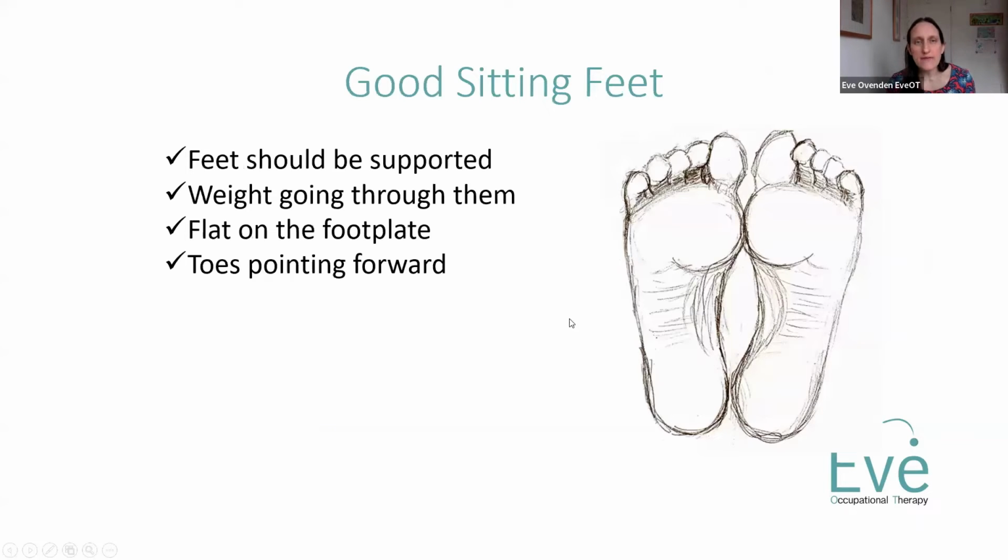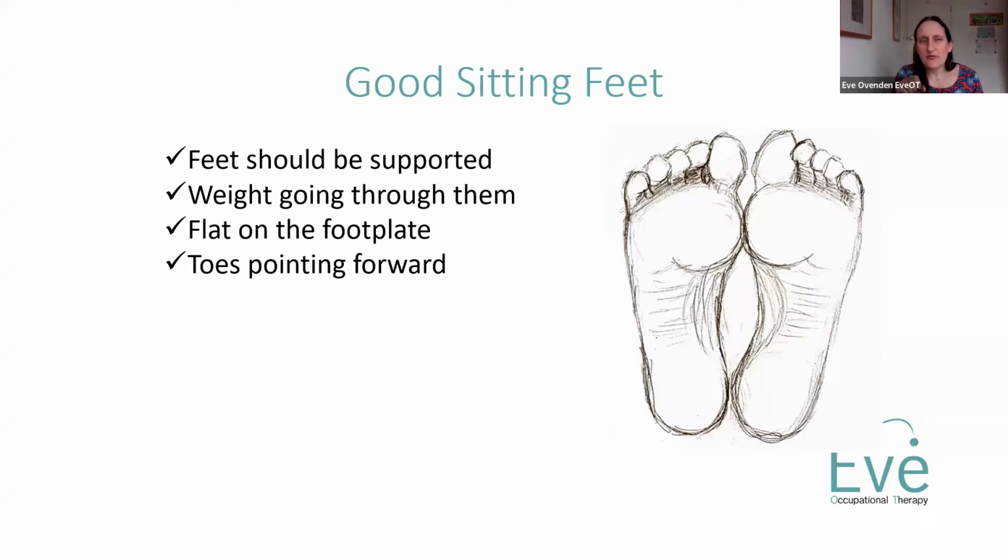Okay, and then feet should be supported, ideally, and we should have weight going through them, and they should be flat on the foot plate, toes pointing forwards. For children that have got problems with their ankle flexors or extensors and toes pointing down, you might want to consider a foot plate that not only goes up and down but is angle adjustable, so we can be sure that we're supporting the whole foot.